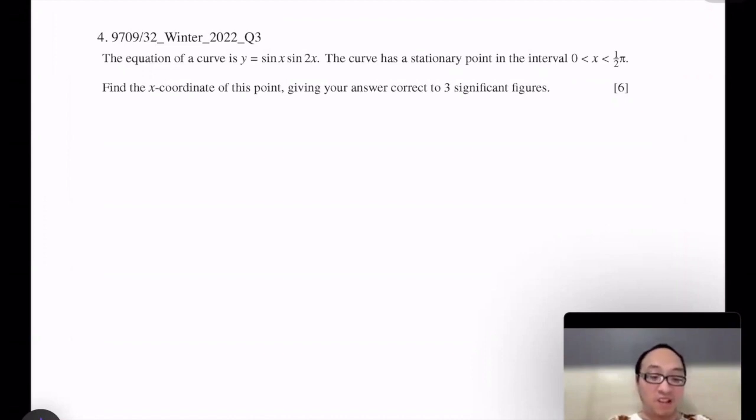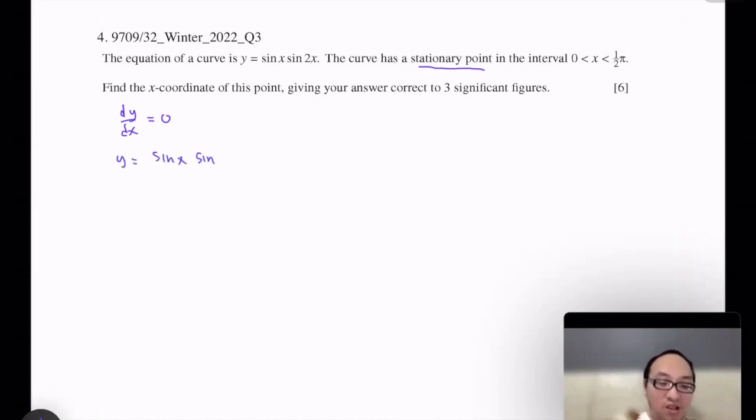Find the x coordinate of this point, giving your answer correct to 3 significant figures. Stationary point, so we have to find dy/dx equals 0. So y equals sin x sin 2x.